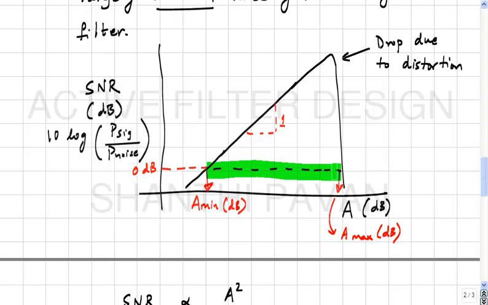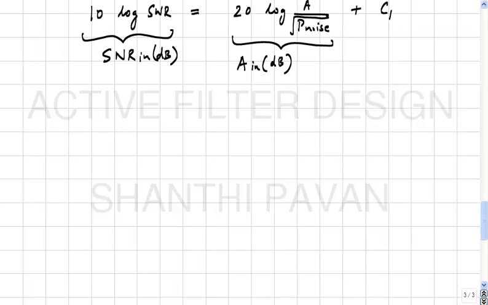Okay. So, this range of signals over which the filter does a decent job of filtering the input while the output still is intelligible is called the dynamic range of the filter, right.